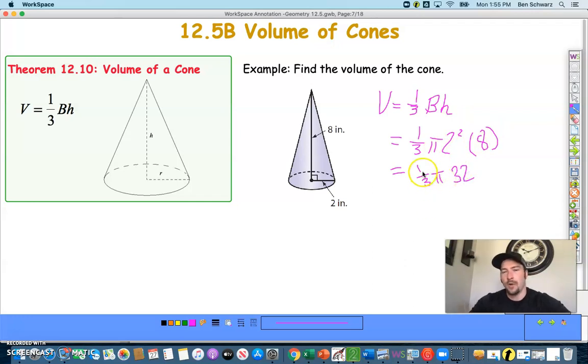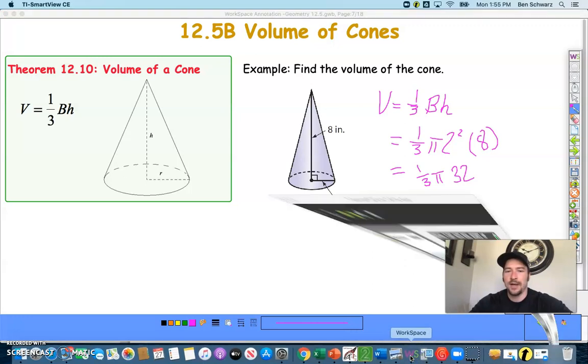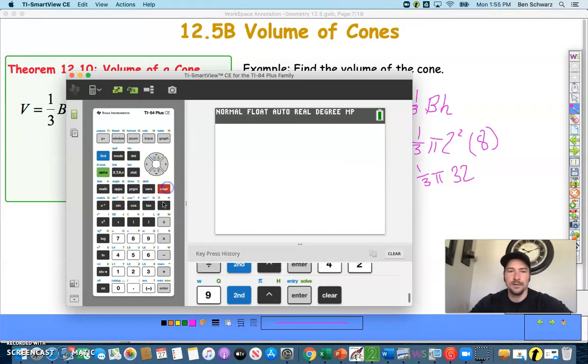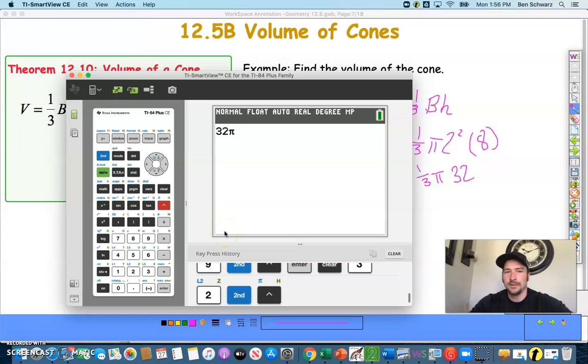So really, if we have 1/3 pi times 32, the best way I think to solve that is just to take 32 pi. So 32 pi. Now, times a third is the same thing as dividing by 3.